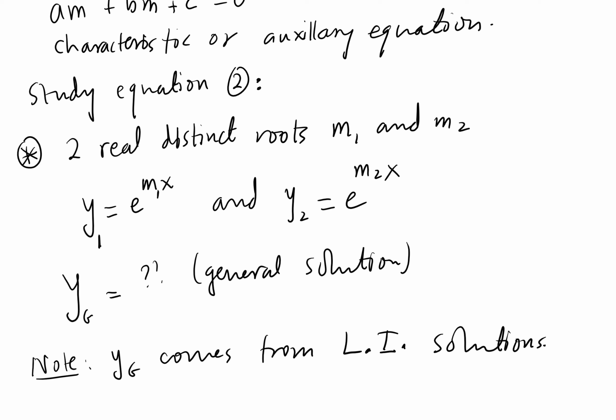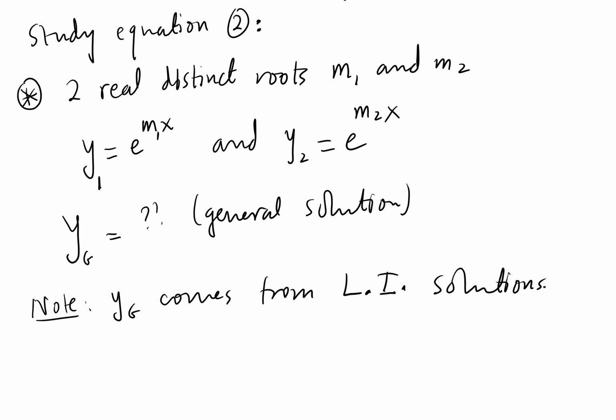Well, how can we prove they are linearly independent? Does anyone know or remember? M is not zero. Check W. Wronskian. Yes, we can find or check the Wronskian.